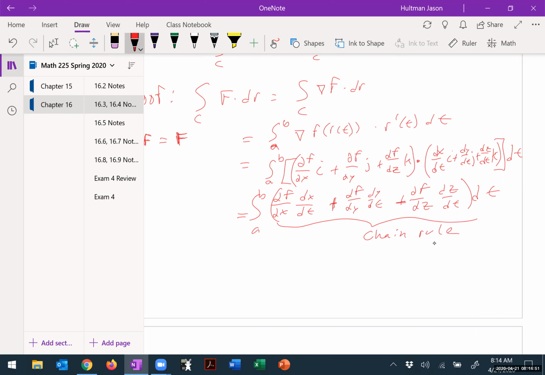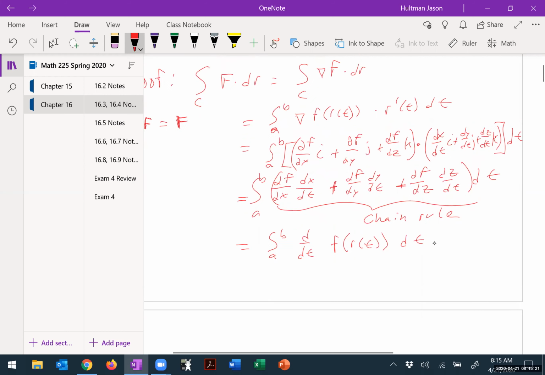So by the chain rule for vector functions, this becomes the derivative d dt of f of r of t, dt. So that's by the chain rule.